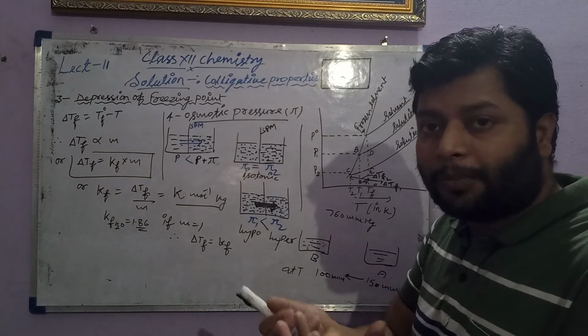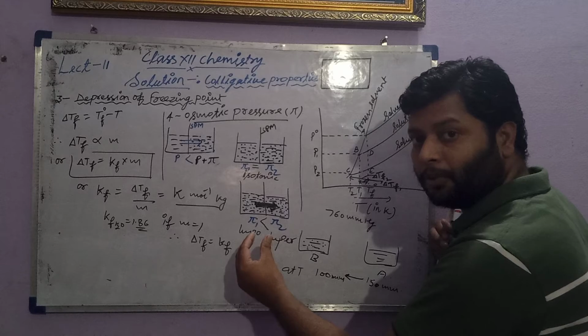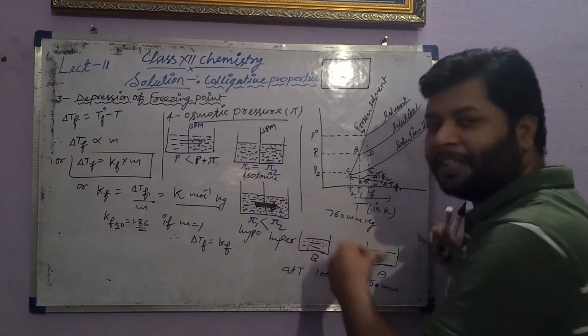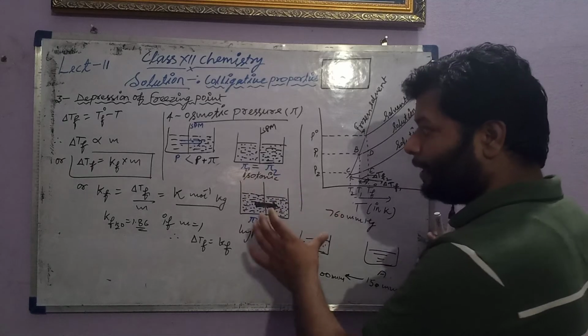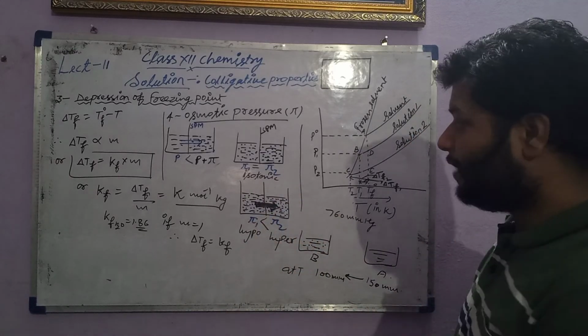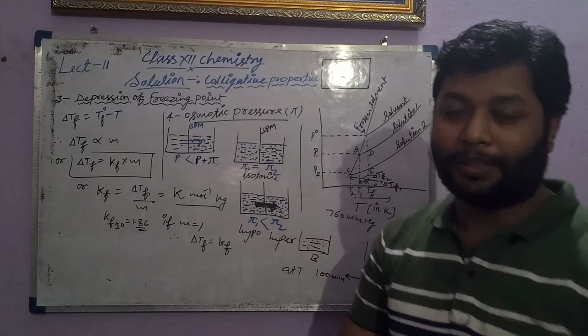To equalize the osmotic pressure, there is always flow from the lower osmotic pressure side to the higher osmotic pressure side. This is the example of isotonic, hypertonic and hypotonic solutions.